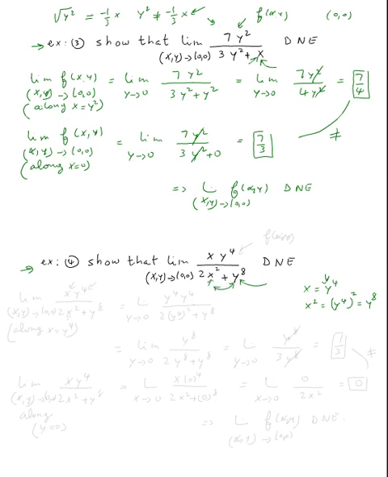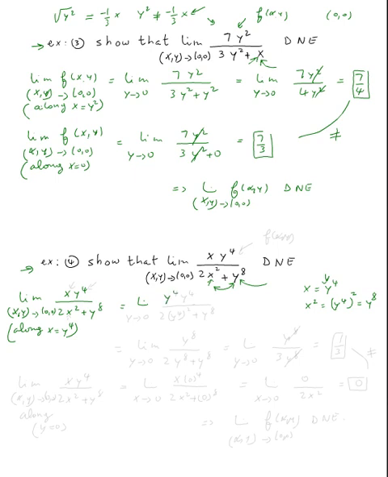Same trick. So the limit of xy^4 over 2x squared plus y^8 as xy approaches 0, 0 along x equals y to the 4th is equal to the limit, where whenever I see x, I'm going to plug in y to the 4th.